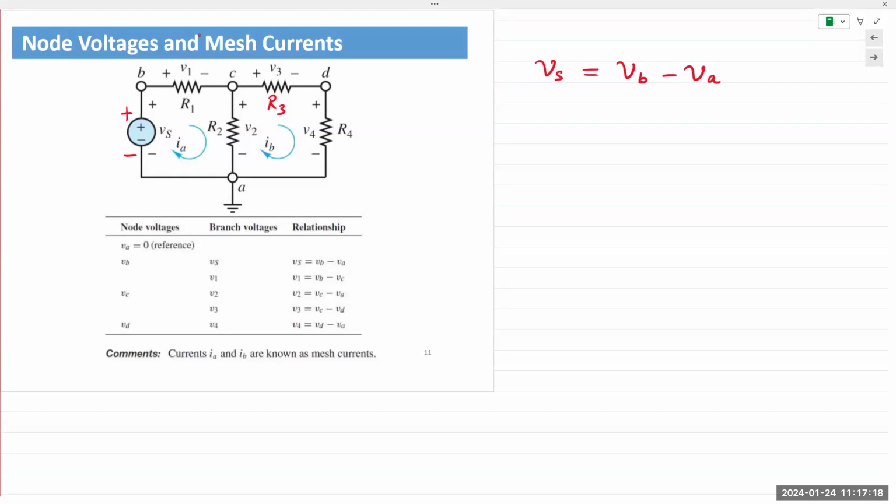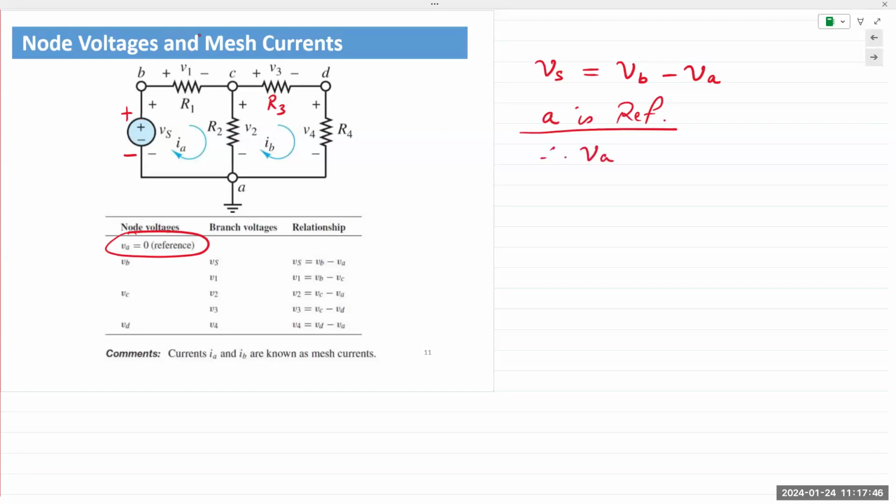So in node voltage analysis, we always want to choose a reference node. And that reference node is common to all other nodes, meaning all other voltages are measured with reference to that node. Hence, it is known as the reference node. So A is chosen as a reference.